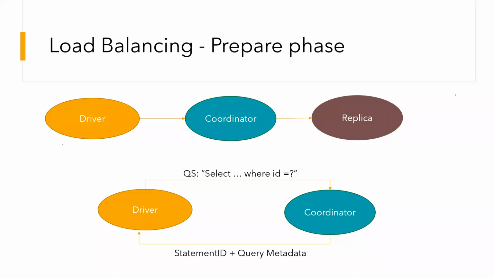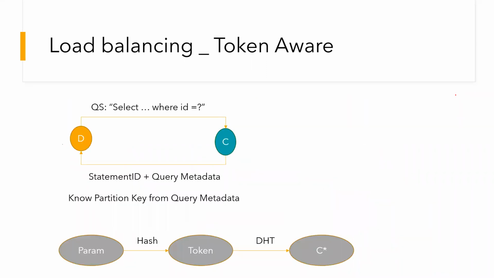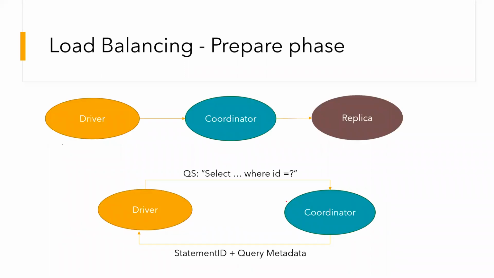So this is a prepare phase for the token aware policy. While you're serving your load balancing using a token aware policy, it already gets the metadata from a coordinator node first. The prepare phase can happen on multiple nodes.